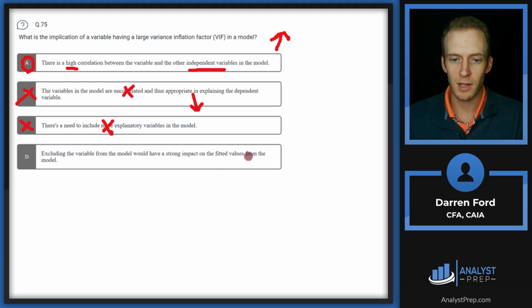It might not, because what this is telling us is that we have two variables within the model that are highly correlated with one another. So if two independent variables are highly correlated, taking one out shouldn't really have much effect because that one variable remaining should still be helping to predict whatever we're looking at for the dependent variable. So we can rule out D and stick with answer A.